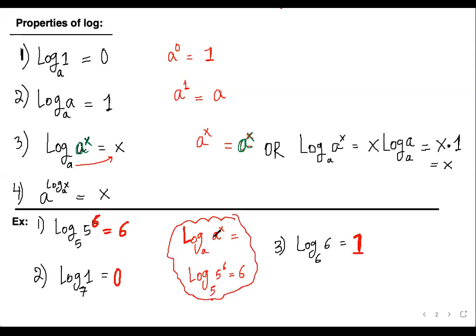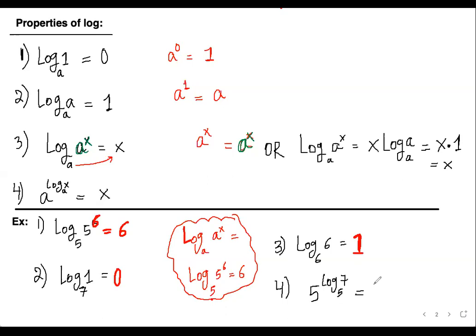Thank you. No problem. Can you do an example for 4? Yes, go ahead. So the example for 4 is 5 raised to the power logarithm 7 to the base 5, and the answer is x.